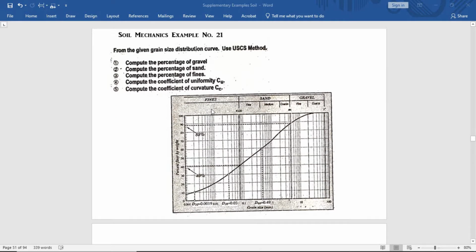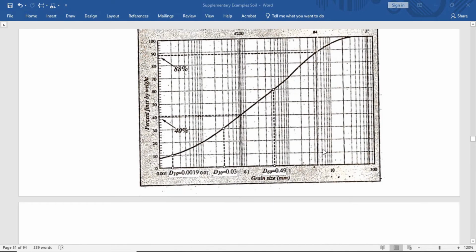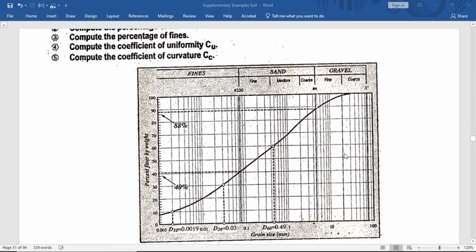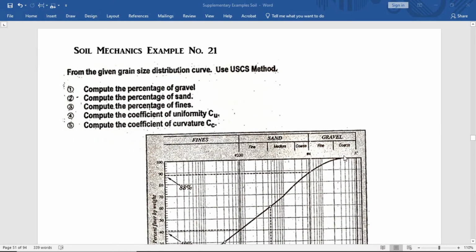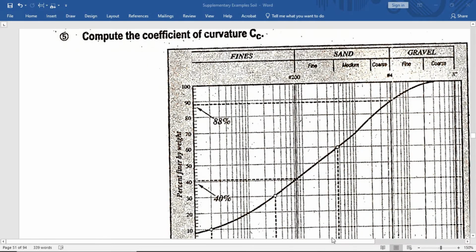So, since last time nagkamit tayo ng AASHTO at USDA, ngayon gagamitin naman natin yung USCS. So, tingnan natin to. Ito given na to yung table na to, yung curve. Yung distribution curve na to, given na to.